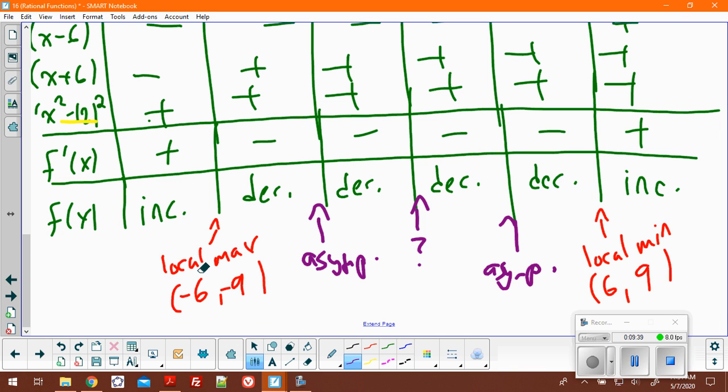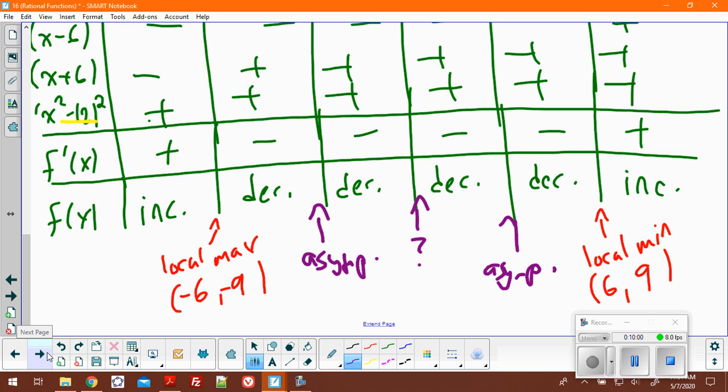So now we know where the local maxes and mins are. Again, I'm not going to show the step, but the way we got -6 and -9 is I went back to my original function and plugged in -6 and worked it all through, and you end up getting -9. And similarly over here.